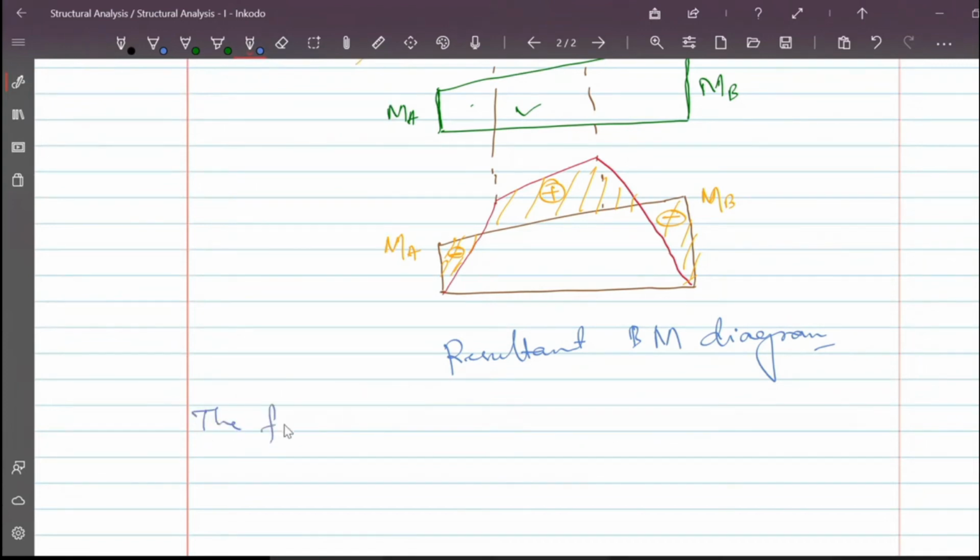The final reactions are given as, can I write RFA equals RA minus R and RFB equals RB plus R.